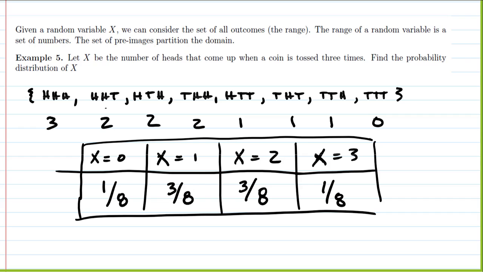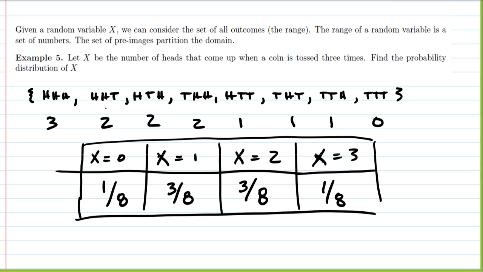So according to this random variable, if I flip a fair coin 3 times, my probability of getting no heads is 1/8. My probability of getting 1 heads is 3/8. My probability of getting 2 is also 3/8. And my probability of getting 3 would be 1/8, which seems intuitively to make sense, right?